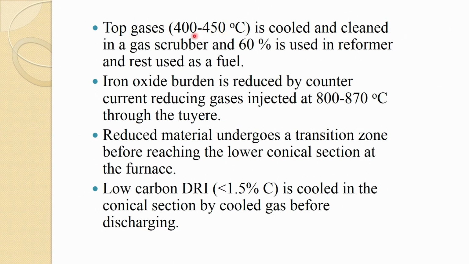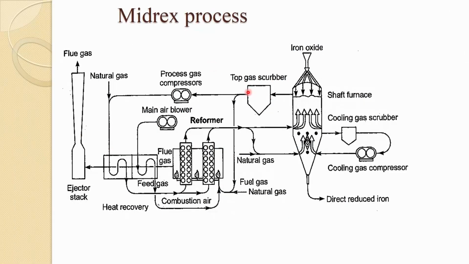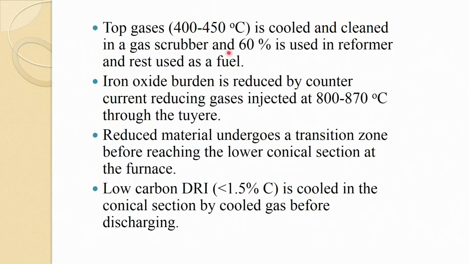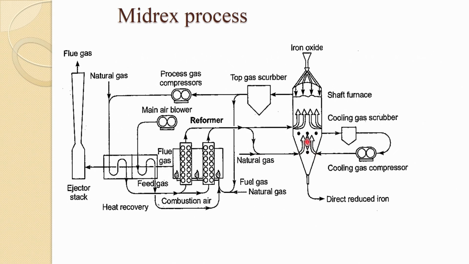So, top gas temperature is between 400 and 450 degrees Celsius, and it is cooled and cleaned in a gas scrubber, and 60% is used in the reformer and the rest is used as fuel. As I said, some goes back again and some goes as fuel. The iron oxide burden is reduced by counter-current reducing gas injected at 800 to 870 degrees Celsius through the tuyeres. So, these are the tuyeres here.